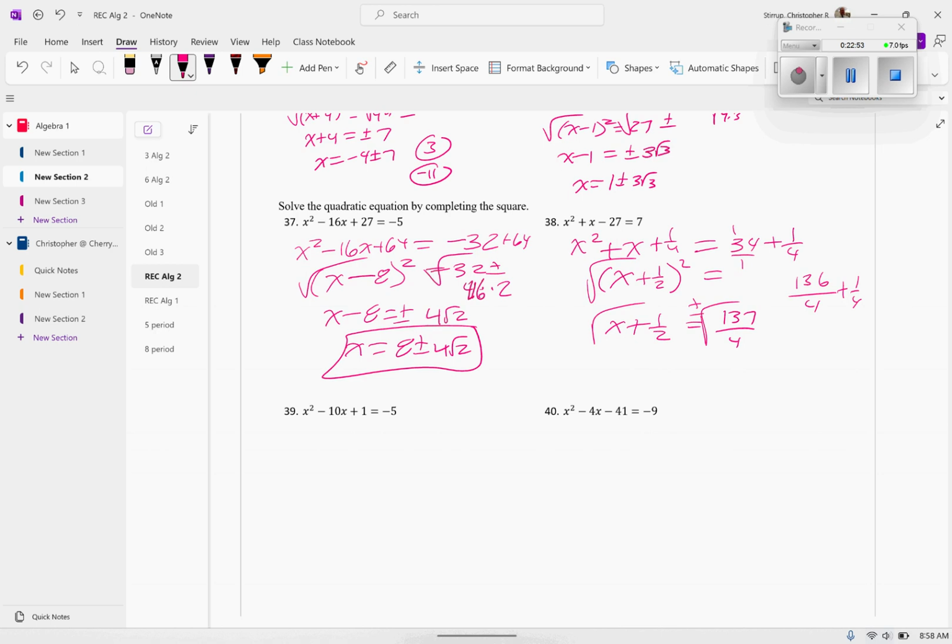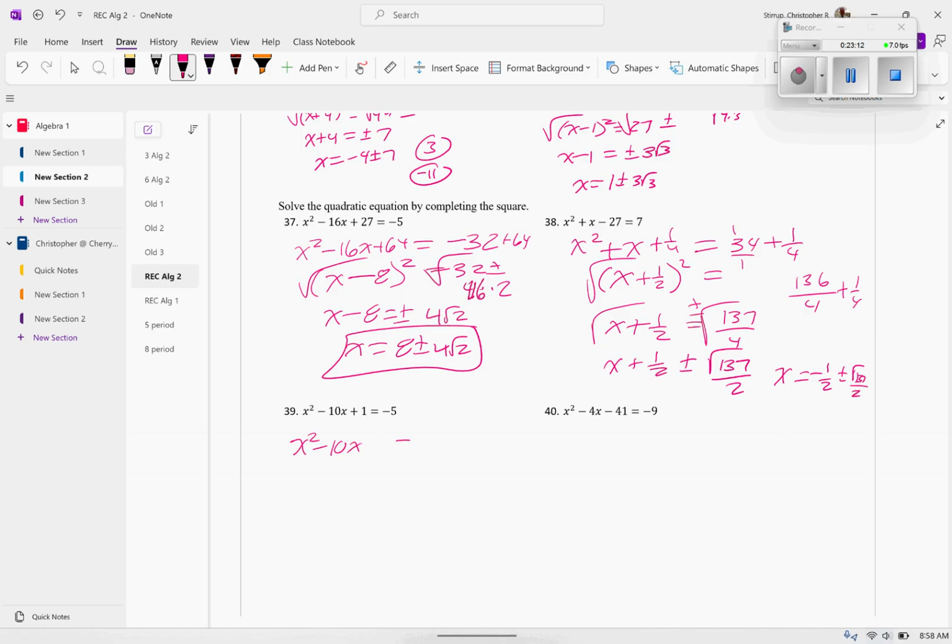Root, don't forget the plus minus. 137 will not break down. So root 137 over 2. And then I'm going to go ahead and subtract half from it. There you go.